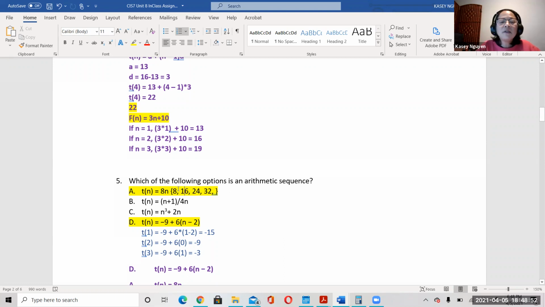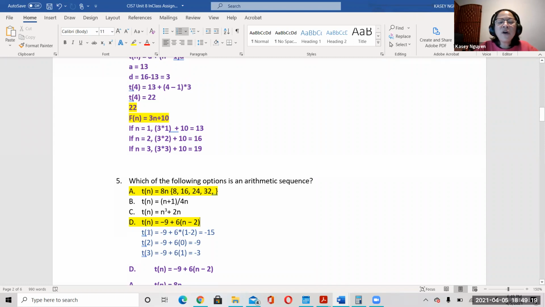So you would see that the difference, the distance between one value and another, is incrementing by 8. It's adding 8 to each one subsequently. So that means that this is an arithmetic sequence. So A checks true.